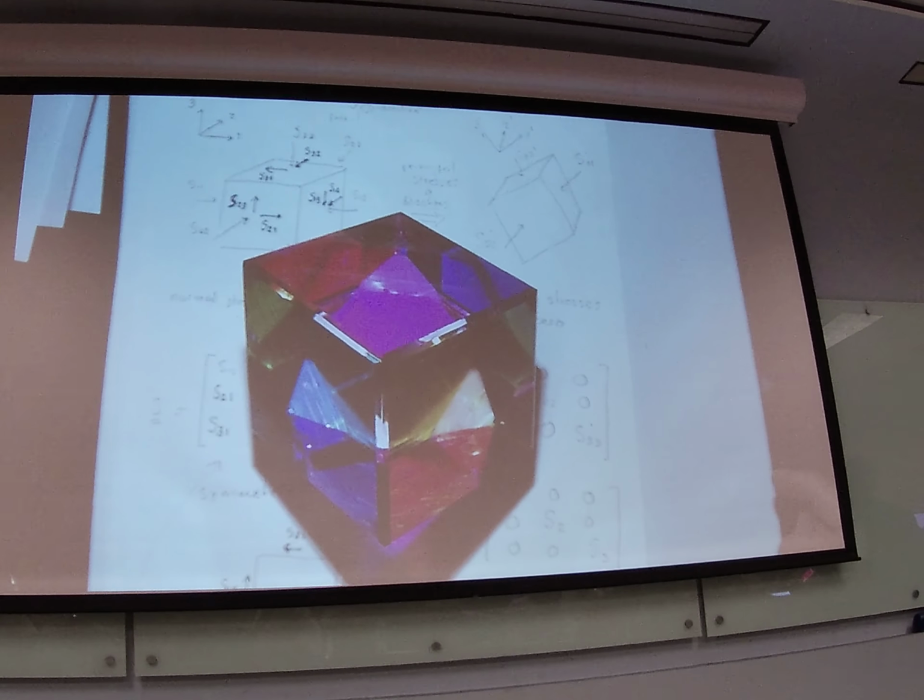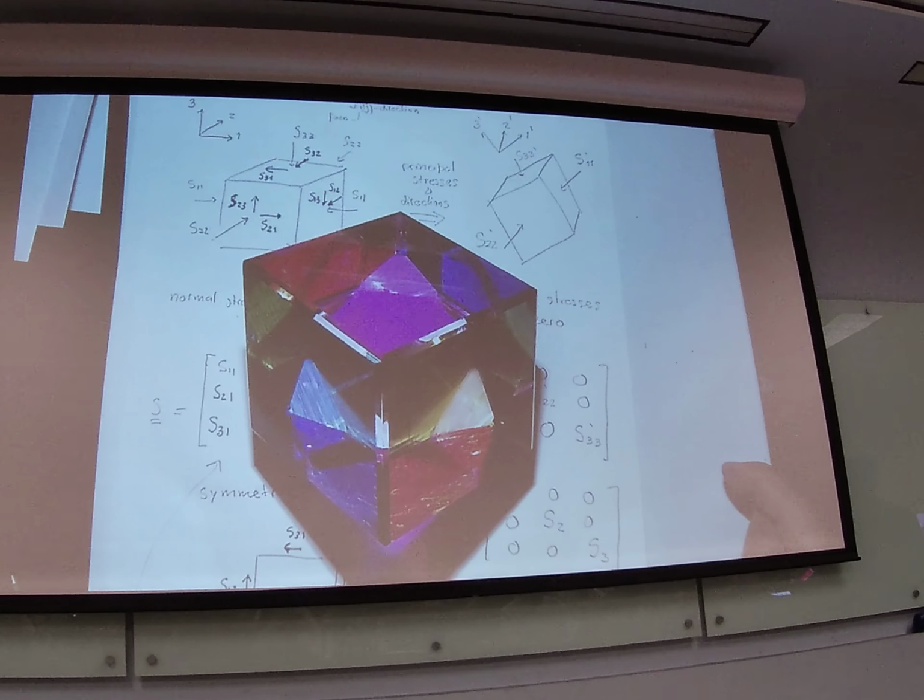If you don't look at the cube perpendicular to the faces, you will see all kinds of colors, right? For example, there is a dark green over here, there is a light blue over here, pink, red, violet, it looks like orange, and it's a mix of colors. That's because you're not looking perpendicular to the face, right?